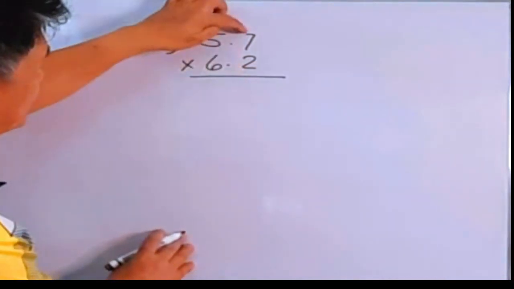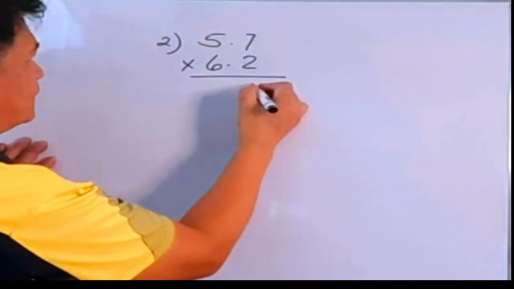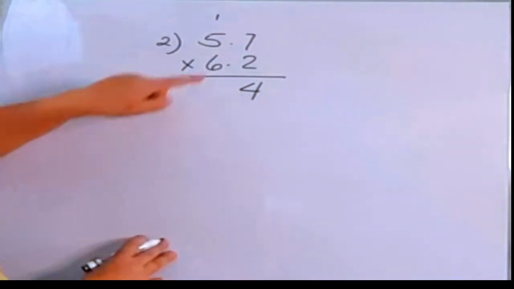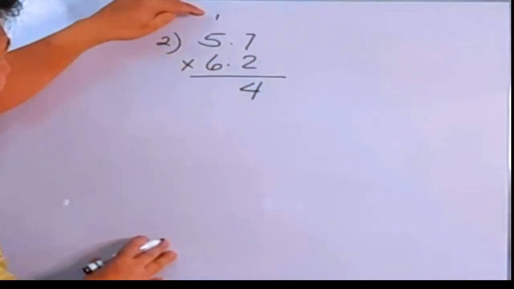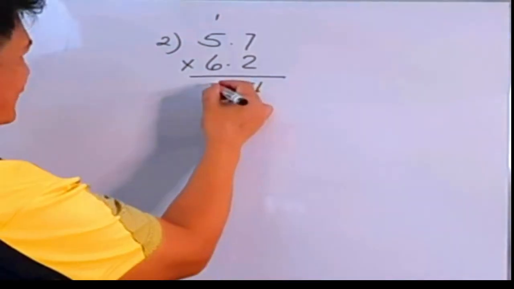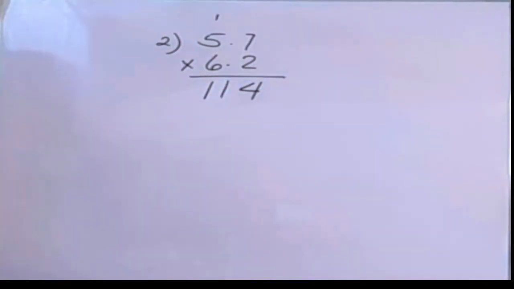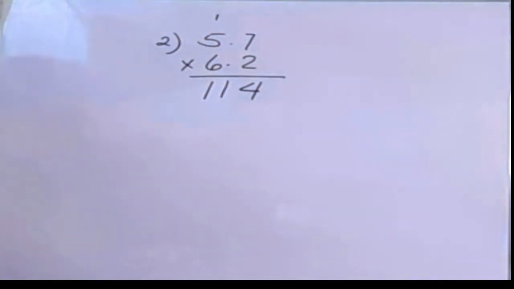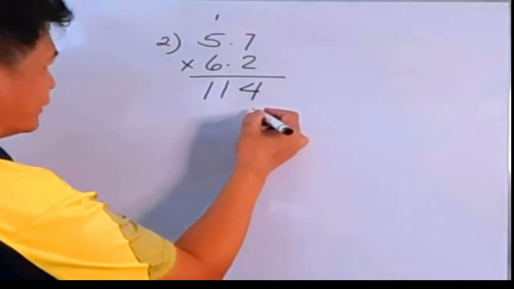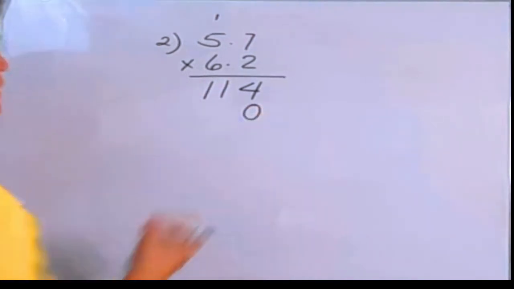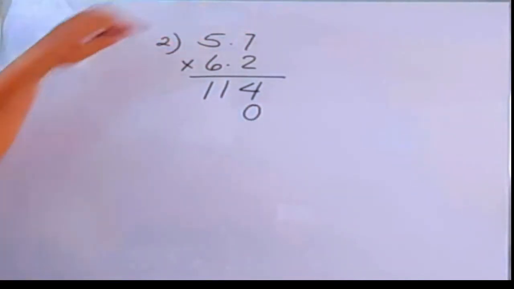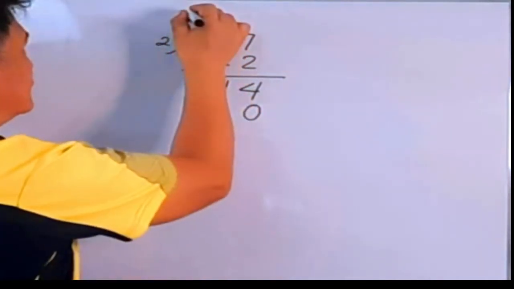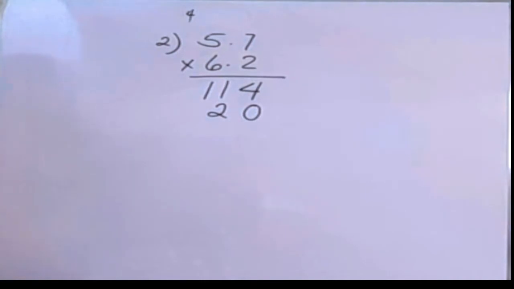So we multiply 2 times 7 equal to 14, carry 1. 2 times 5 is 10, plus 1 is 11. Okay, next, we multiply 6 times 7. But before we do that, we add 0 first here. Okay? 6 times 7 is 42. That is 42. Carry 4.